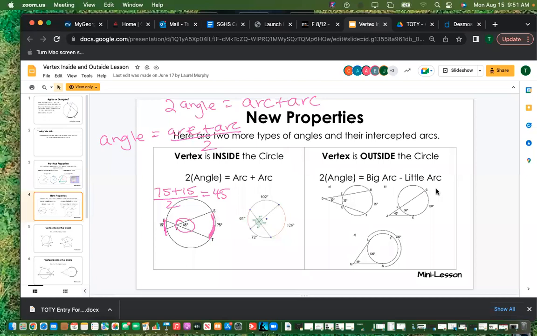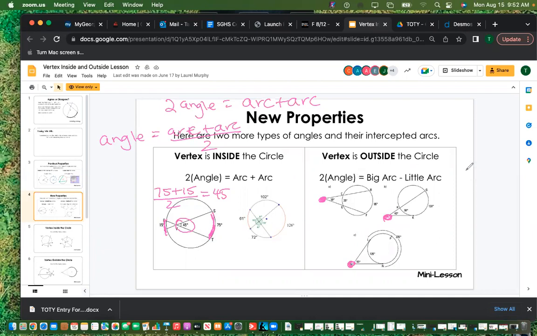Okay, now, if you have a vertex on the outside of the circle, so this point like way out here, what you're going to do is do big arc minus little arc, and that's going to be twice the angle.